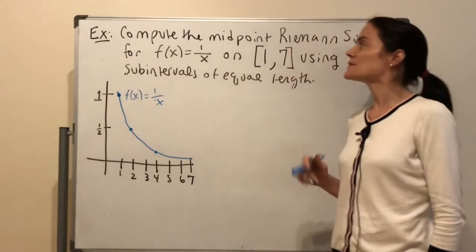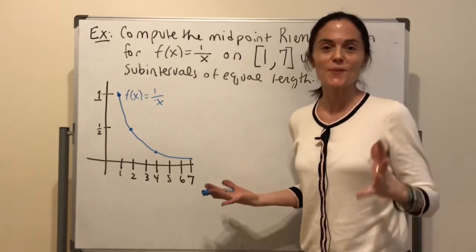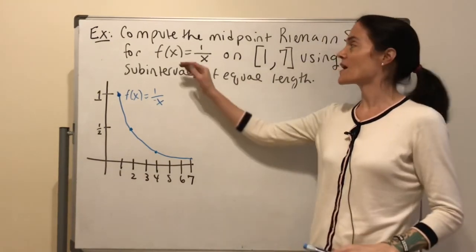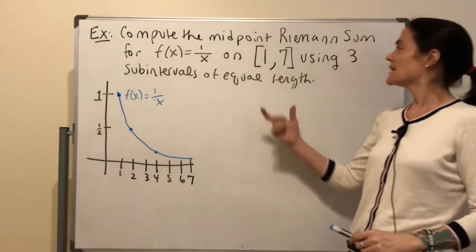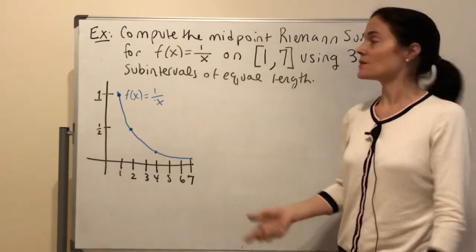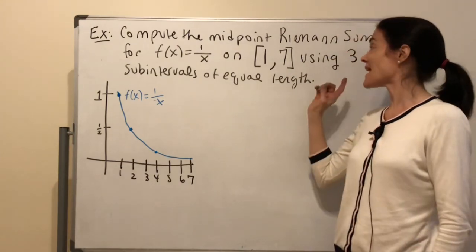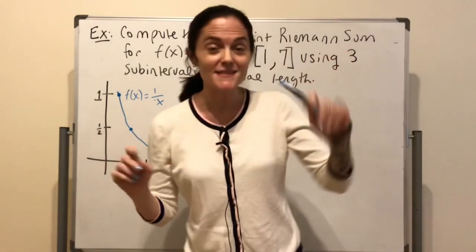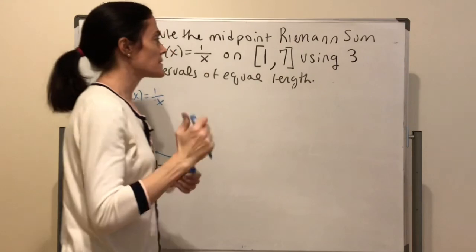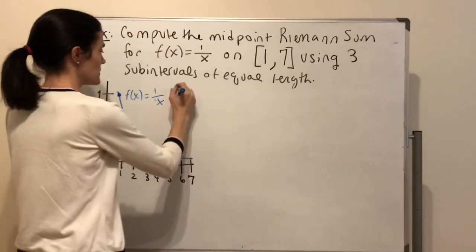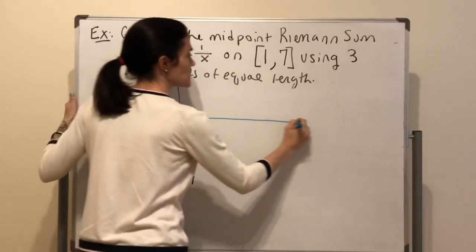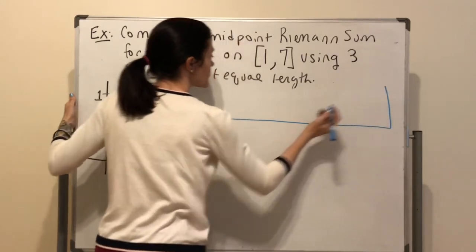This example, it's a little more standard perhaps than the last one where we are given a function. We're given a closed interval, and then we're told what type of Riemann sum and that we want 3 subintervals of equal length. So before I begin, maybe I'll just make a comment in a box.